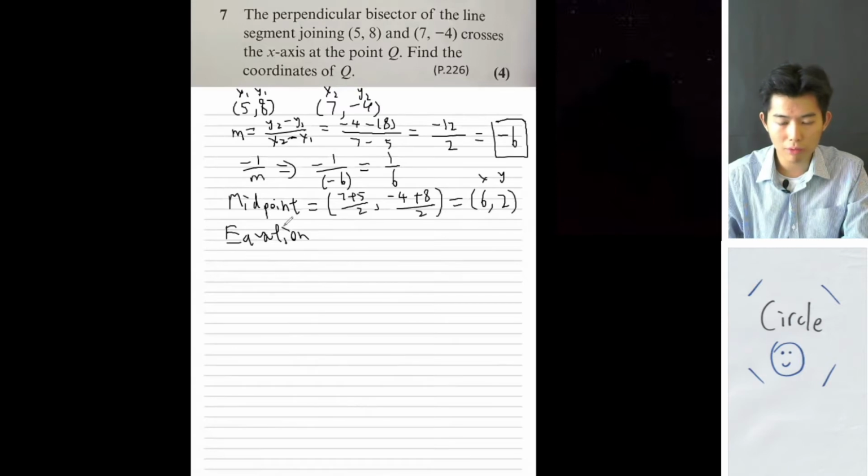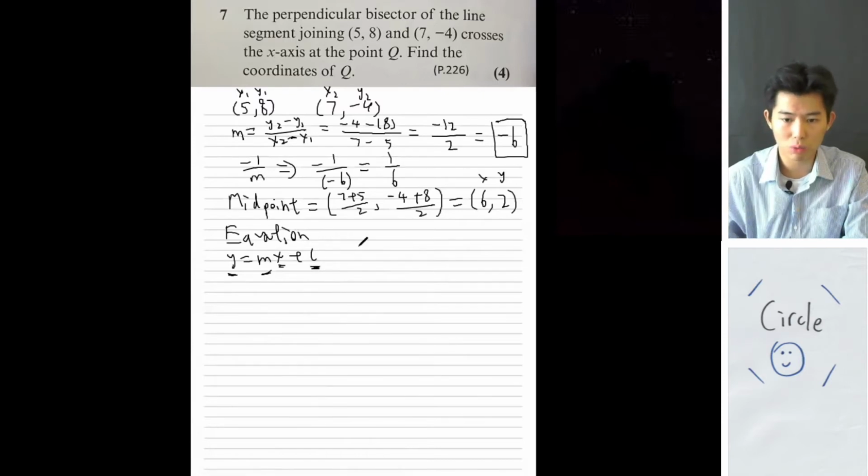From there, we have to find the equation of the line that passes through the point (6, 2) and has a gradient of 1 over 6, right? And from the previous video, I taught you guys that y equals mx plus c, and substitute the values of y, m, and x in order to find the value of c first, and then substitute back into this equation. Let's say x is 6 and y is 2, and the gradient is 1 over 6.